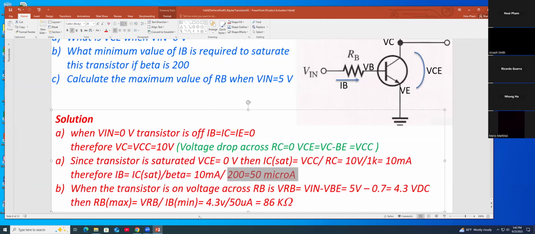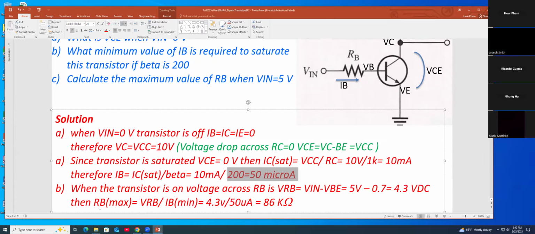When the transistor is on, the voltage across RB, VRB, equals VE minus VBE. That means the diode from the base to emitter is 0.7, and that gives you 4.3 volt.